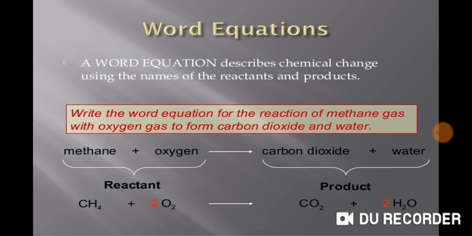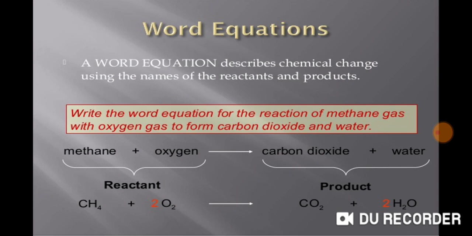CO2 is the formula of carbon dioxide, and H2O the formula of water. So the red 2 you are seeing in the equation is a digit added in the equation to balance the equation.